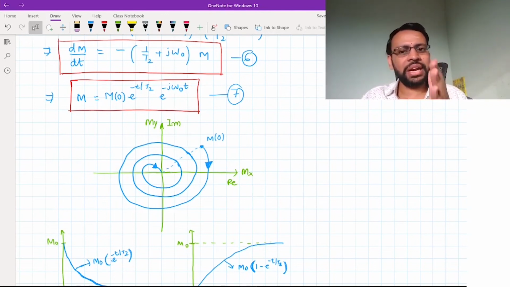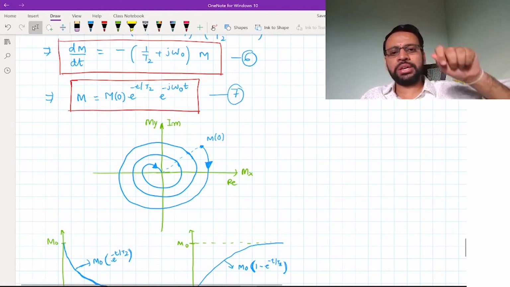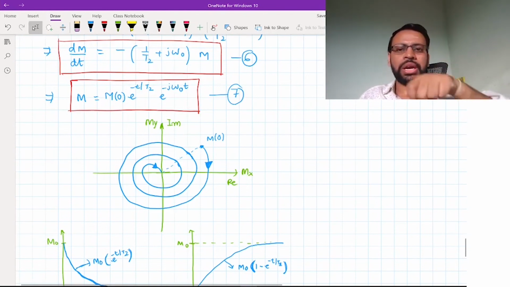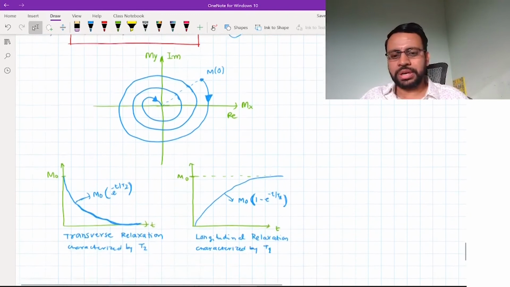So that's going to be M of 0 into e power minus t by T2, which brings down its magnitude, and the omega naught t term makes it rotate at omega naught radians per second. So this is your expression for M of xy.